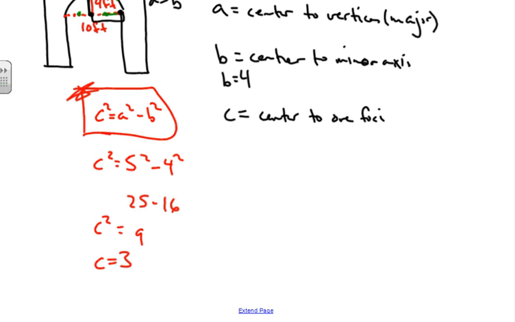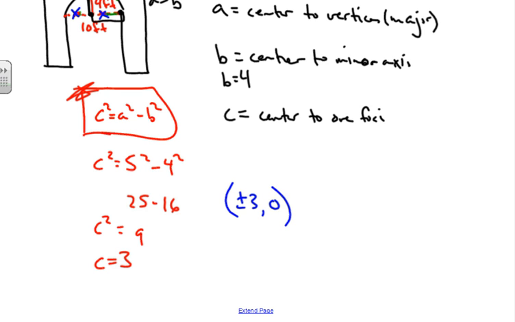So where do we have to place this? Well, from the center, the points are going to be, from the right and left side, right there, 3 units to the right and left of the center. So that means we're going to have plus or minus 3, comma 0, if we want to find a point.